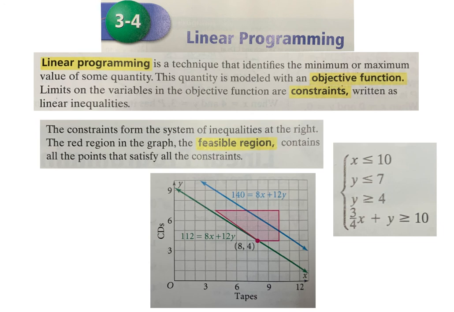All right? And so you will find your objective function. What am I trying to do? Maximize profit. Well, what are my constraints on that? And you will have those. The objective function just kind of gets put off to the side at first. You leave that one alone, and you look at your constraints. You graph all of your constraints.